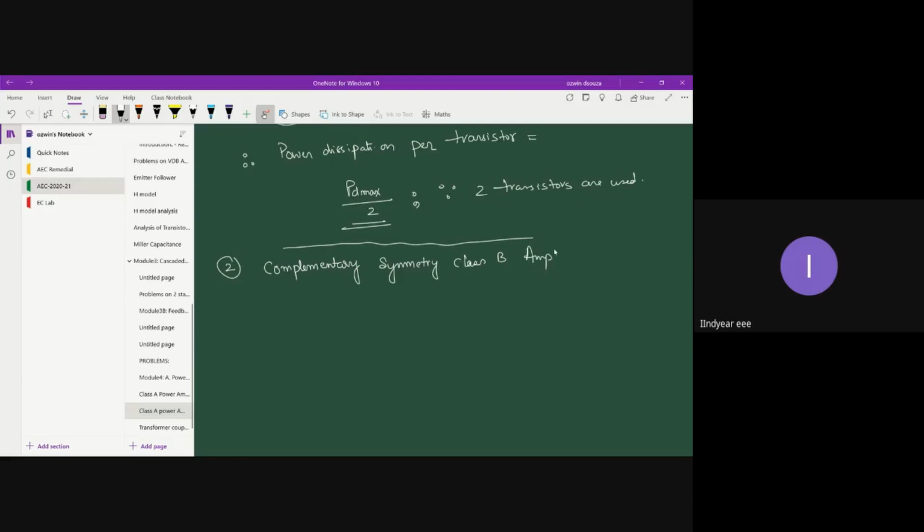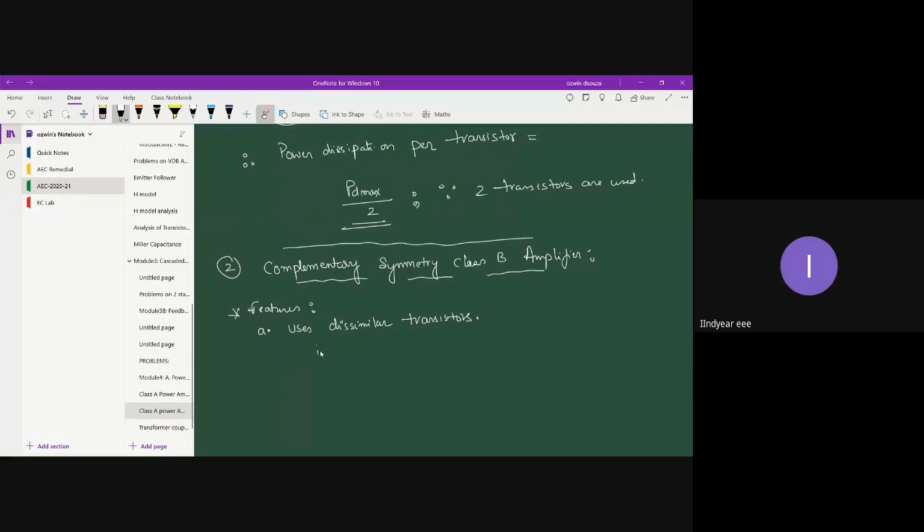Now, some salient features of the complementary symmetry class B power amplifier compared to the push-pull power amplifier. The first noticeable feature is that it uses dissimilar transistors, that is, NPN and PNP.